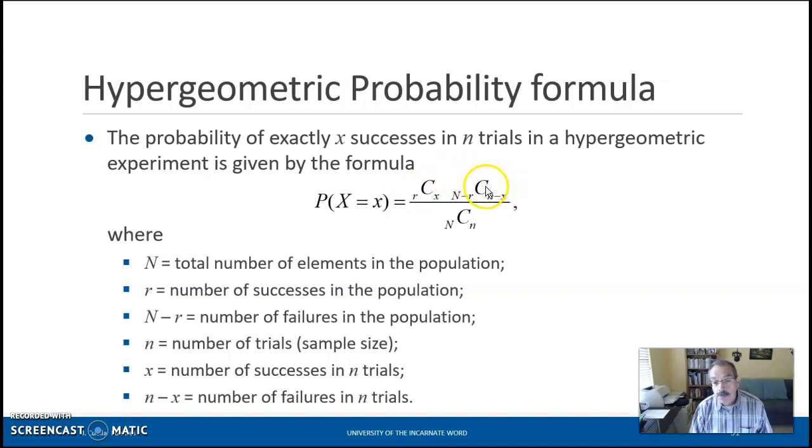And then the second combination gives us the number of arrangements of failures from the N minus R failures in the population. And then the bottom is telling us the total number of arrangements that we can get without distinguishing whether there are successes or failures. So if you notice here, we're using the definition of classical probability that we learned in chapter 4. All right, let's look at an example to see how we can use this formula.